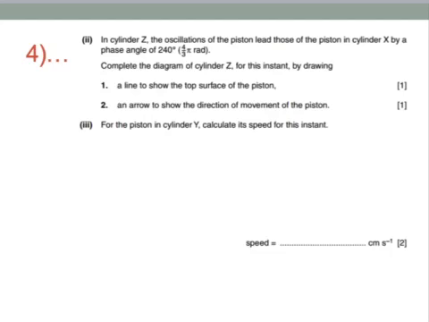Now the next part of that question: cylinder Z, the oscillations are leading the piston in cylinder X by 240 degrees or 4/3 pi radians, and they're asking us to complete the diagram of cylinder Z for this instant.